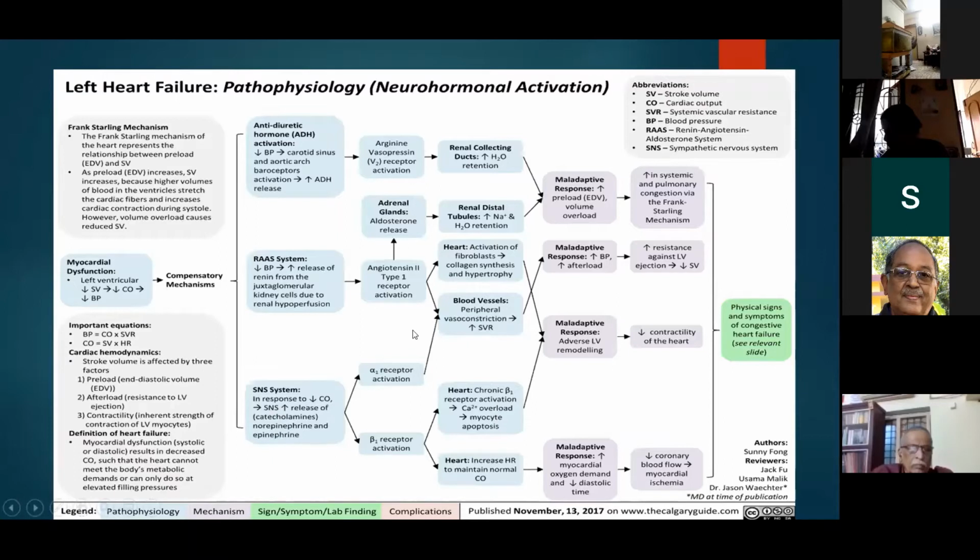So what happens here? When alpha 1 receptor acts on the blood vessels, there is peripheral vasoconstriction and increased systemic vascular resistance. In beta 1, there is chronic beta 1 receptor activation, where there's calcium overload and myocyte apoptosis.